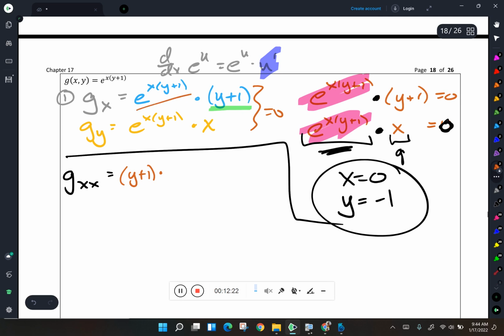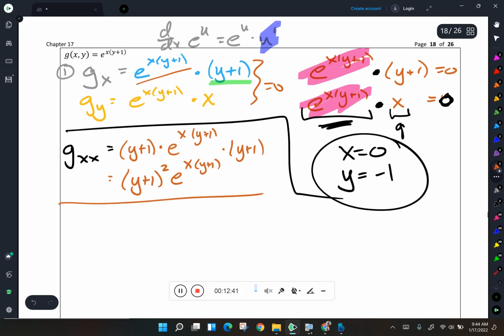Times, and then I take the derivative of this with respect to x again. And so that's going to be e to the x times y plus 1 times another y plus 1, or if I clean that up a little bit, that's going to give me y plus 1 squared times e to the x times y plus 1.